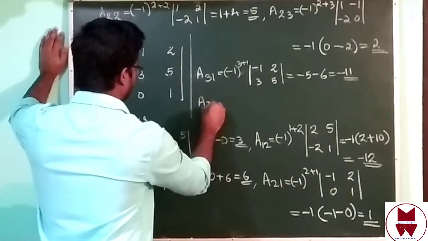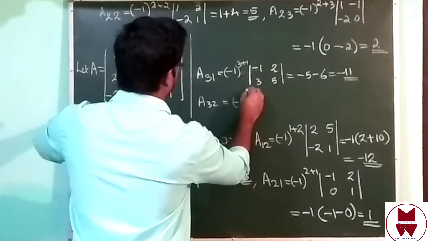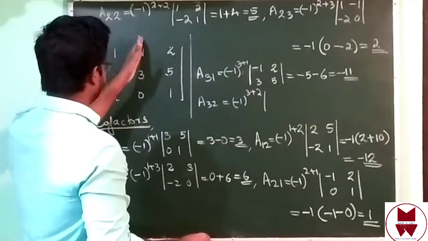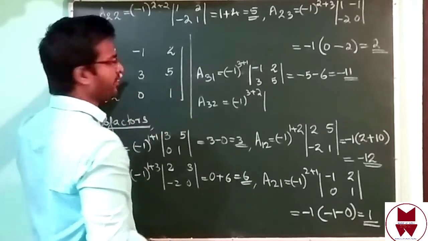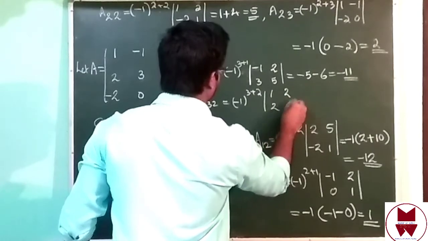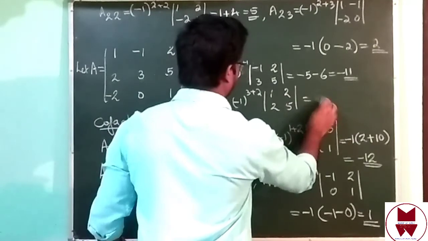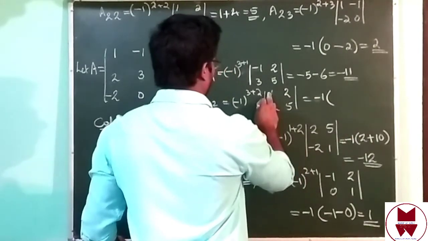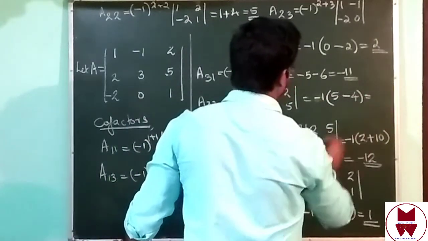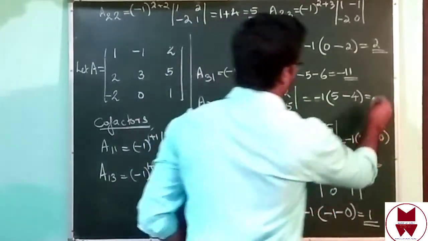Then A32 means this element, minus 1 raised to 3 plus 2, determinant. Delete second column and third row, remaining 1 2, 2 5. Multiply minus 1 into... what will you get in here? Minus 1, isn't it? Minus 1. Then 1 into 5, 5, minus 2 into 2, 4, equals, what will you get? 5 minus 4, 1, isn't it? 1 into minus 1, you will get minus 1.